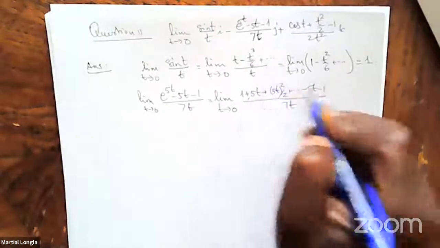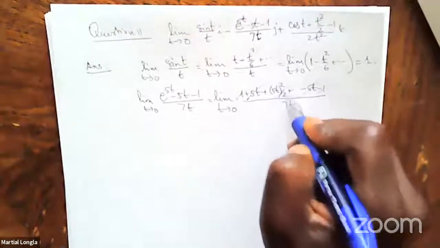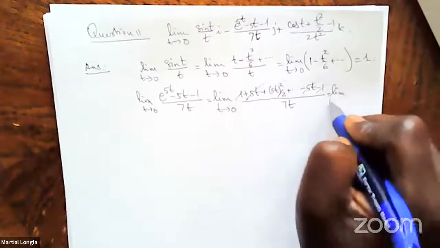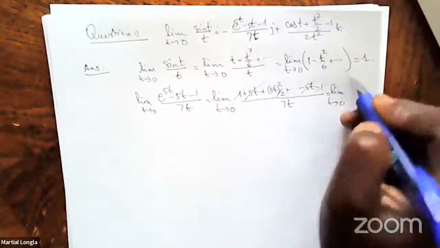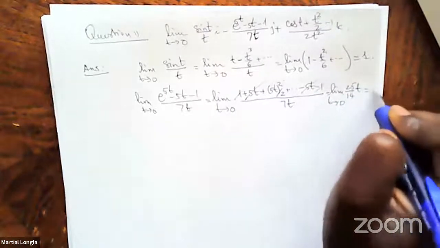So the 5t cancels, the 1's cancel, and over 7t, we get the limit as t goes to 0 of 25t over 14, and that's 0.